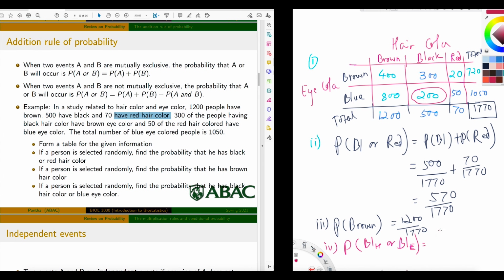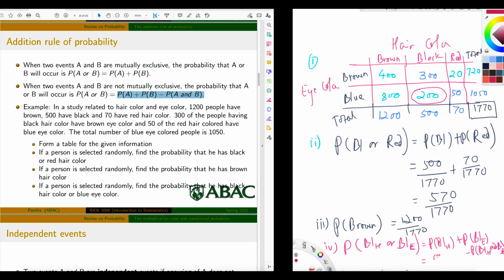So how do I do that? We need to subtract A and B, right, if they have common. So that will be P of black hair plus P of blue eye minus P of black hair and blue eye, right? That's what you do. So what is the probability of black hair?